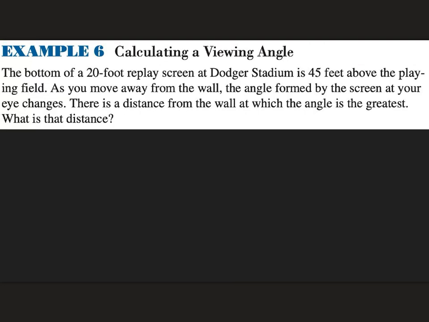Okay, when it comes to word problems like this, you're really going to want to draw a picture. So what we have here: the bottom of a 20-foot replay screen is 45 feet above the playing field. So you're sitting in the bleachers, and the bottom of the screen is 45 feet, and the screen is 20 feet high.